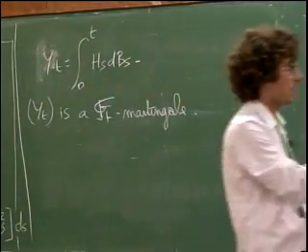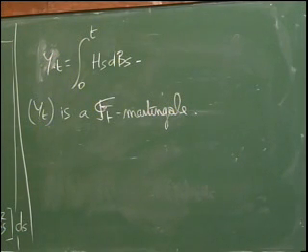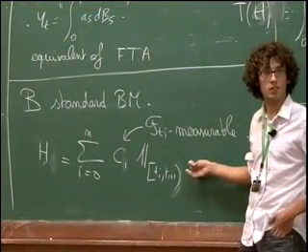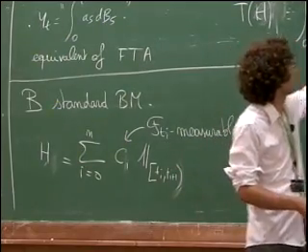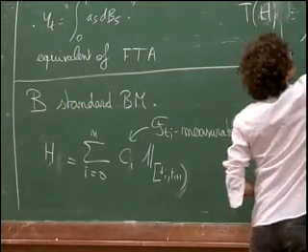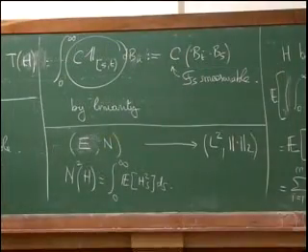So when you have defined an object like this, and you want to check a property on it, you don't have any choice. You start from where it's explicit, where your definition is explicit, and after you check that it extends to the other cases. So we are going to check it for the case where you are a step function, a simple process. We are going to check that the integral in this case is a martingale. But checking for step processes is actually equivalent to checking only for this process. Why? Because a sum of martingales is a martingale.